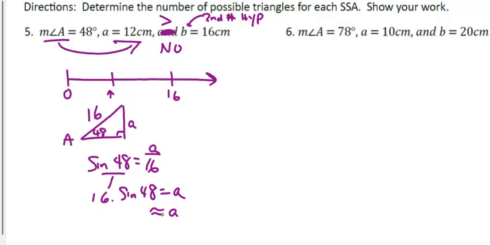And A has a value of 11.890. Our value is 12, so this would have two triangles.